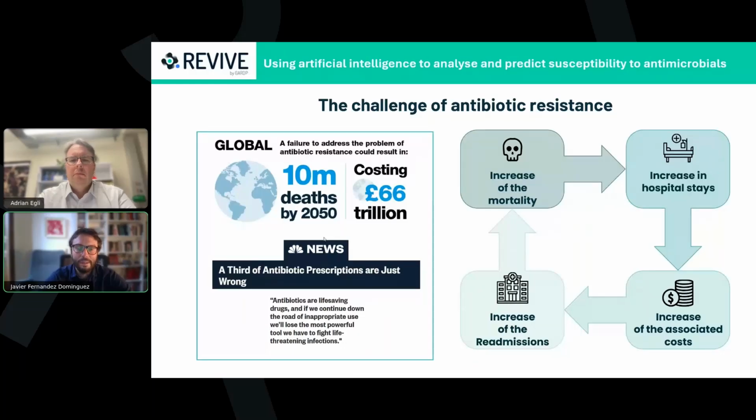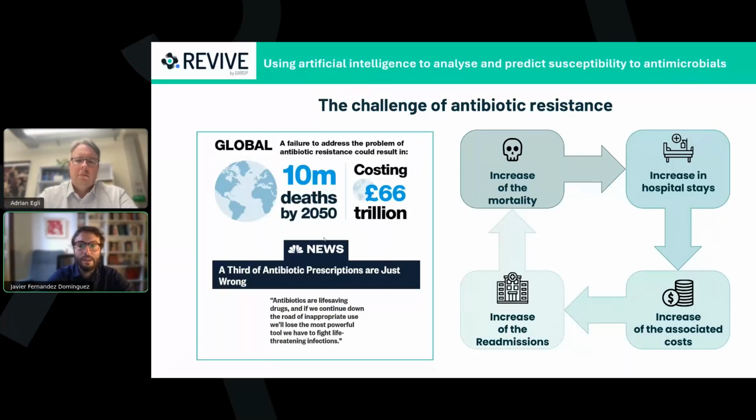But what sometimes we forget is that a third of antibiotic prescriptions at this moment are wrong. And they are wrong not only because the dose is not correct or the duration of the therapy is not correct, they are wrong because they don't cover the microorganism that is infecting the patient, the one that is growing in the cultures of the patients. This leads to an increase of mortality and poor outcome of the infection.